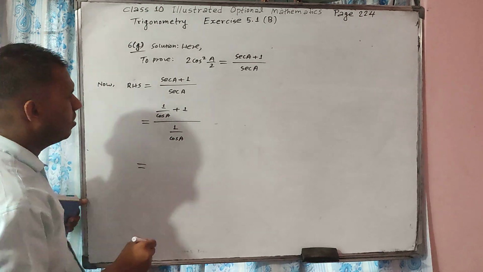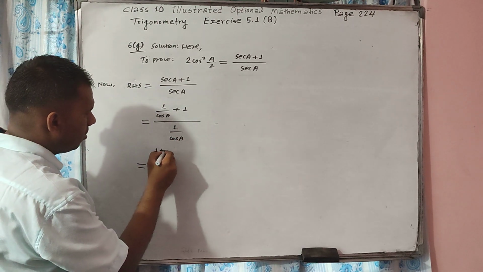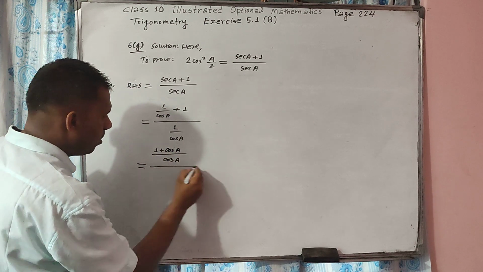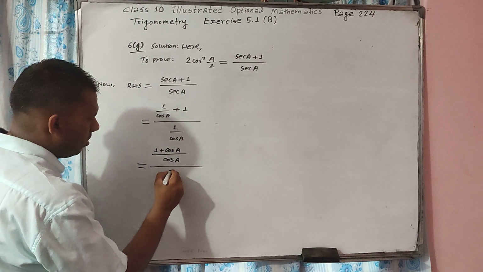Making LCM in the numerator, 1 plus cos a whole upon cos a, denominator 1 by cos a.